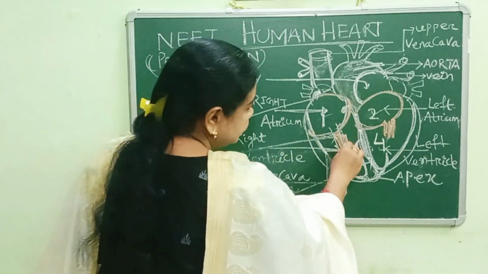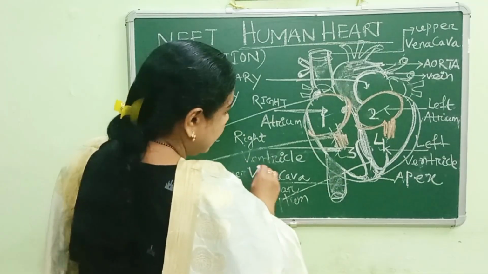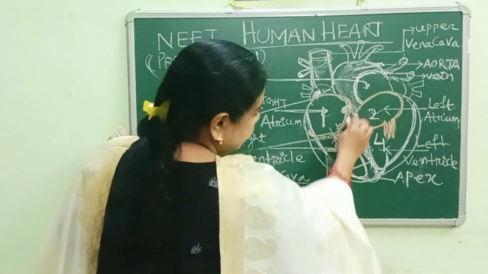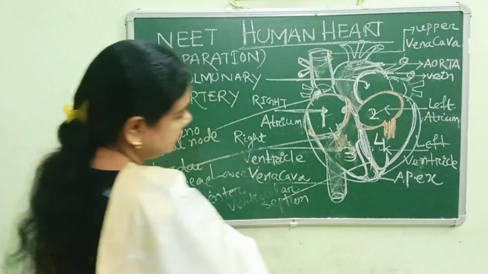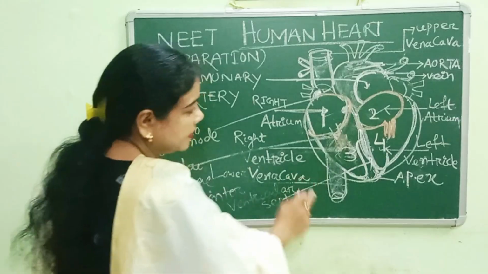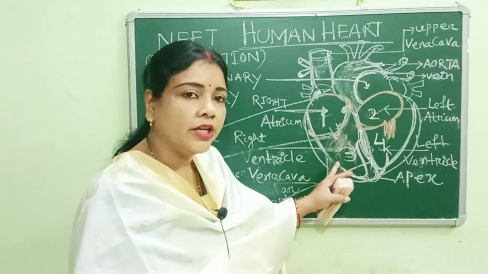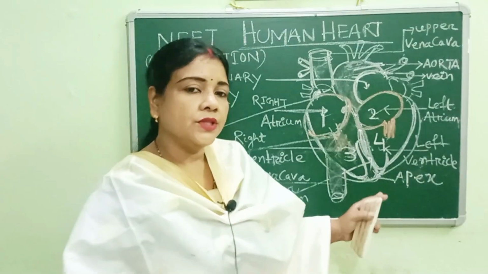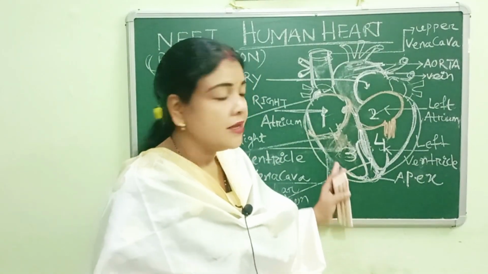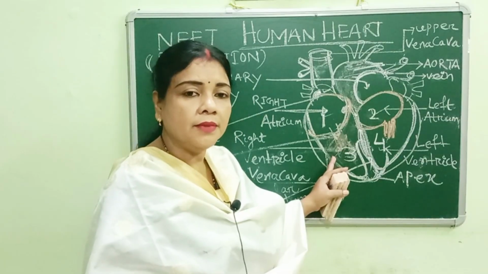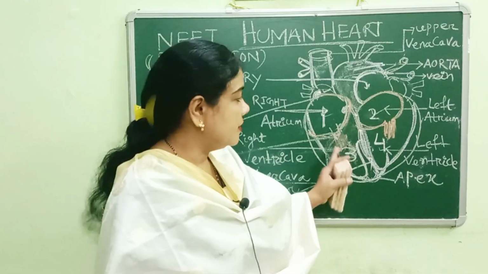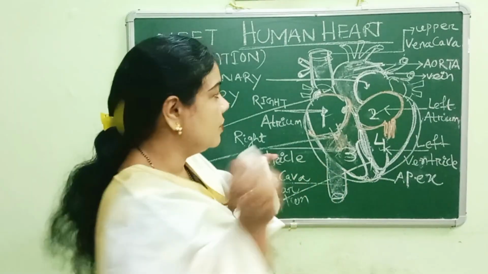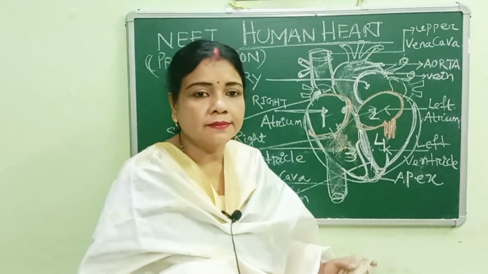Then it passes to this right ventricle. This part is known as the ventricle. Right atrium, right ventricle. This right ventricle is connected through the pulmonary artery, which is connected directly to the lungs. It collects the oxygenated blood from our lungs. Then, with the help of the pulmonary vein, the oxygenated blood goes to the left atrium.